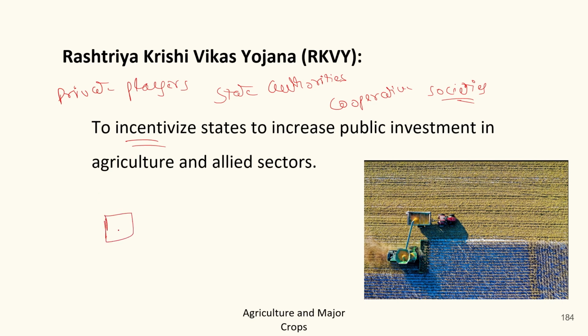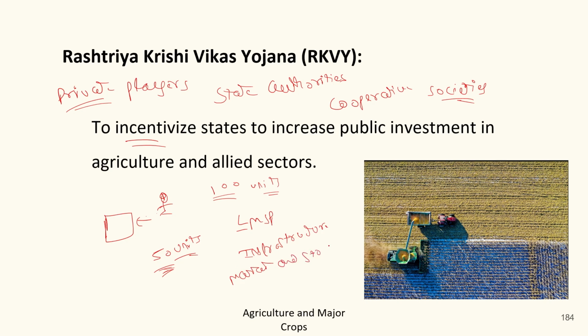Basically, you can understand it like this: if this was a land and here the farmer could produce 100 units, but he is only producing 50 units due to lack of financial support. So instead of paying him money so that he could produce 100 units, the government would try to attract private players, state authorities and cooperative societies to give him money so that he could produce 100 units, and the government will support them through minimum support price, infrastructure support, and market and storage facilities.